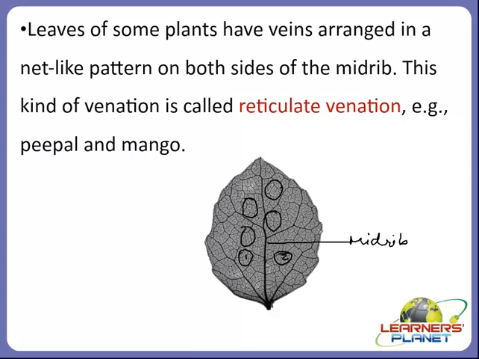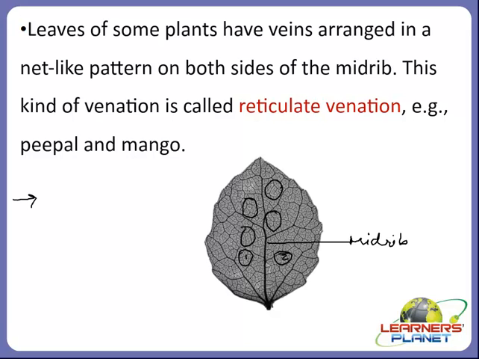So now, can you tell what kind of roots a plant has without digging it up? Yes, it is possible to tell this by looking at the venation. Plants whose leaves have parallel venation have fibrous roots.